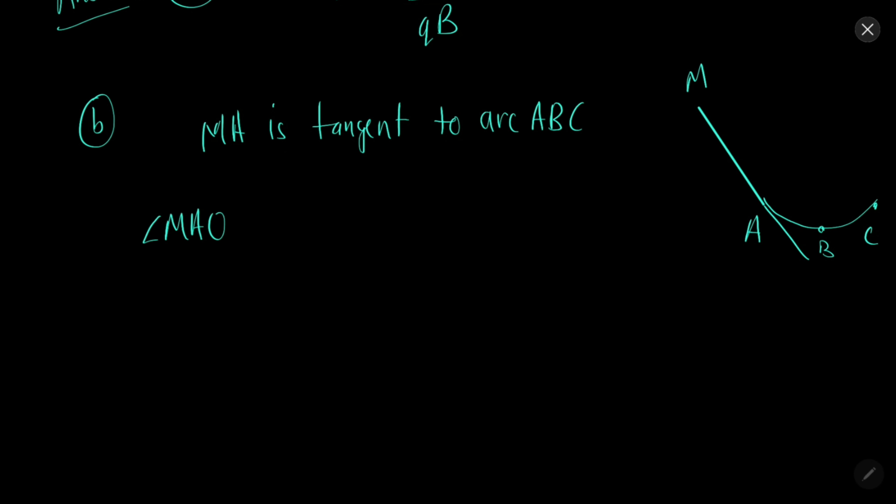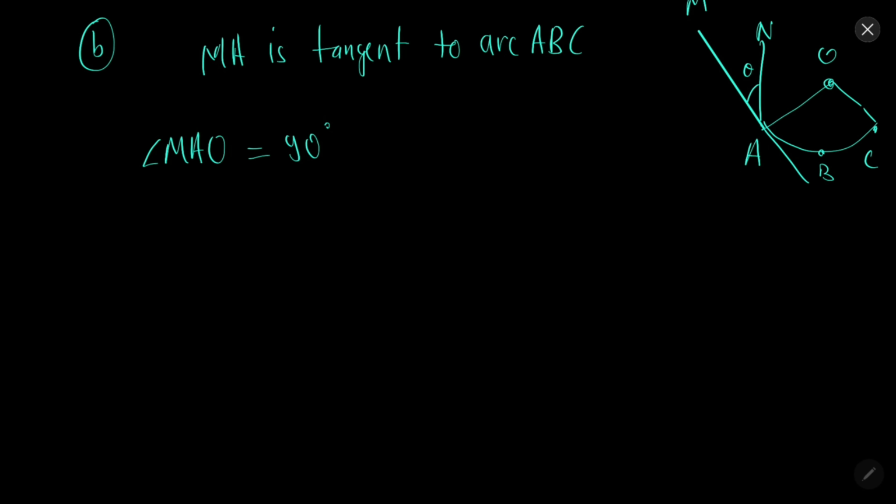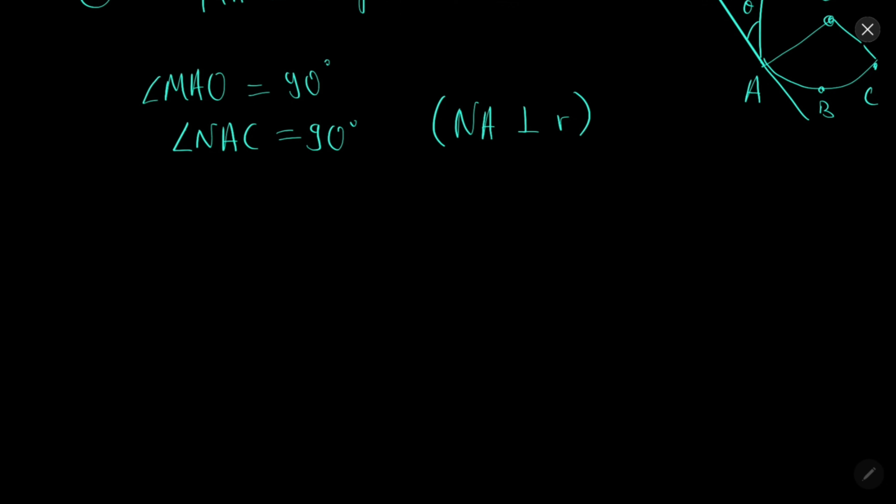Angle MAO, let this be theta. It is 90 degrees because the angle between radius and tangent is 90 degrees. So angle MAO will be 90 degrees, as MA is perpendicular to the radius.